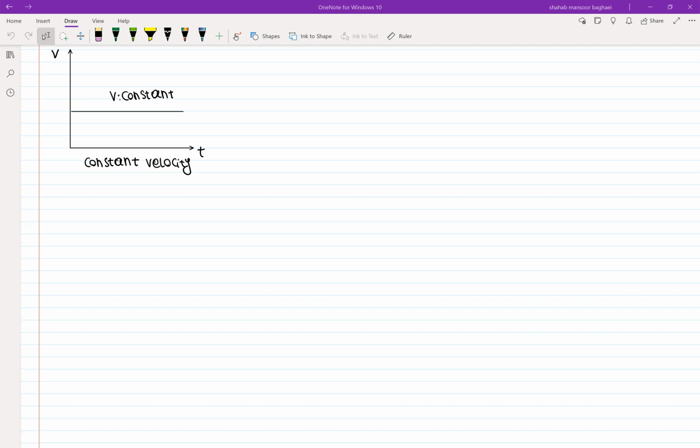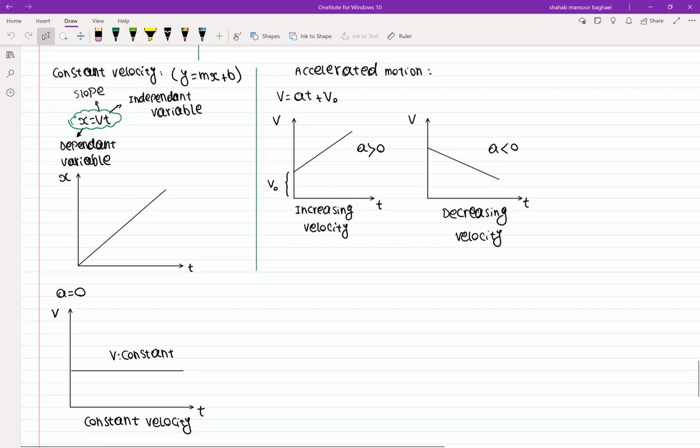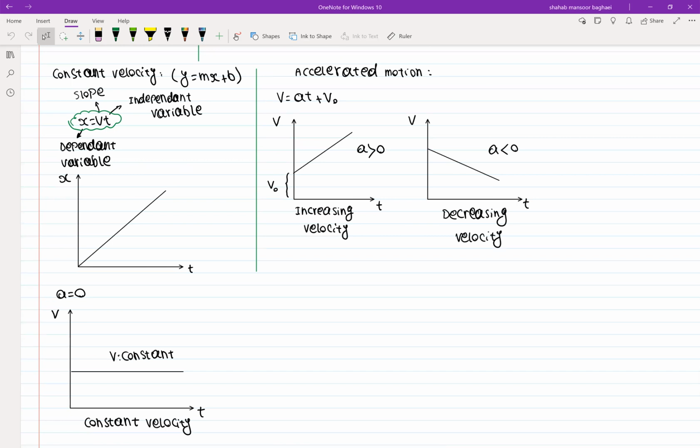Okay, here I want to talk about a graph related to displacement for accelerated motion. If you recall, I talked about the graph of velocity and acceleration for accelerated motion.